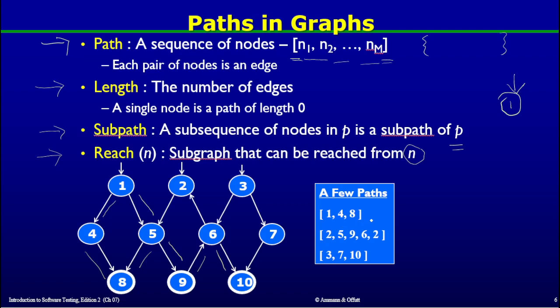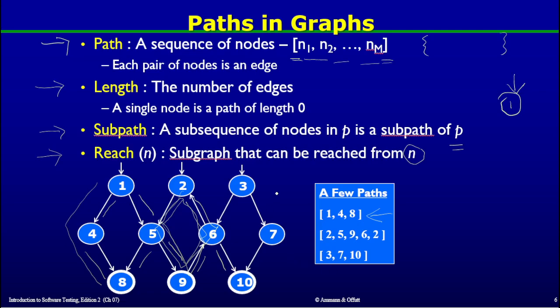In the same way, we have some examples of paths. Here 1, 4, 8 is a path, so that constitutes this path on the graph. In the same way, 2, 5, 9, 6, 2 also constitutes a valid path.